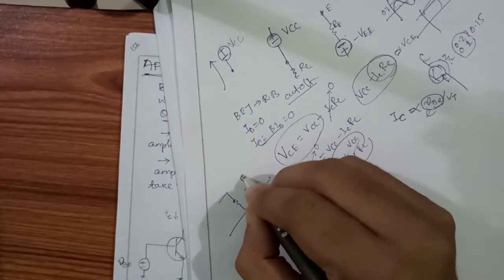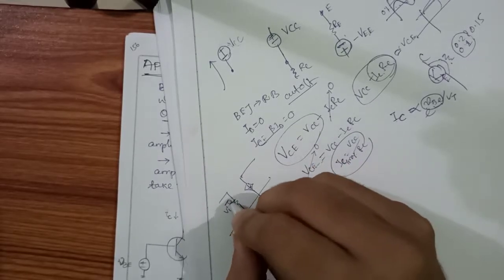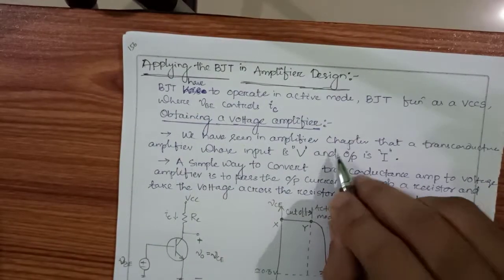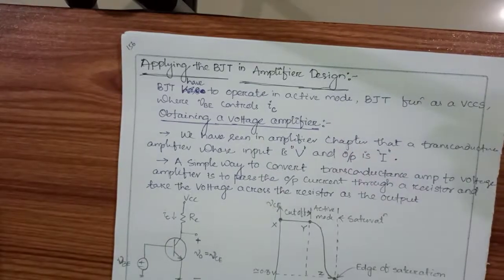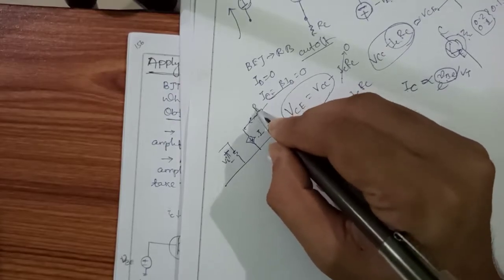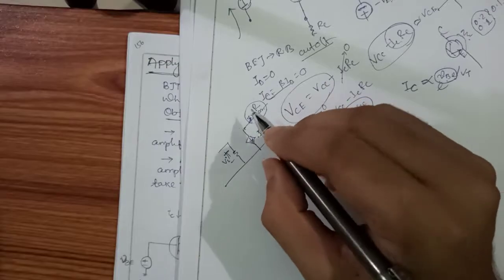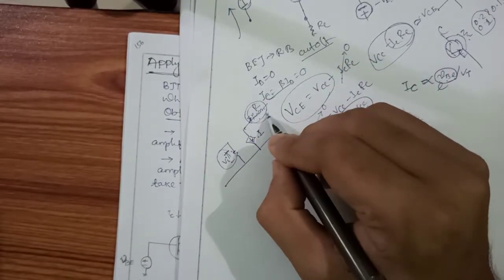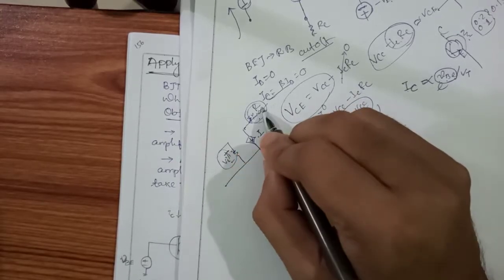This current depends upon the input voltage. How can we make this transconductance amplifier into a voltage amplifier? As this current flows, if I connect a resistor R, then I times R will give me a drop. That drop can be taken at my output, which gives input voltage and output voltage. So output voltage upon input voltage means it is a voltage amplifier.